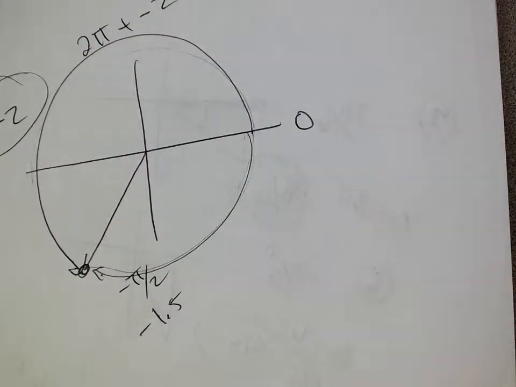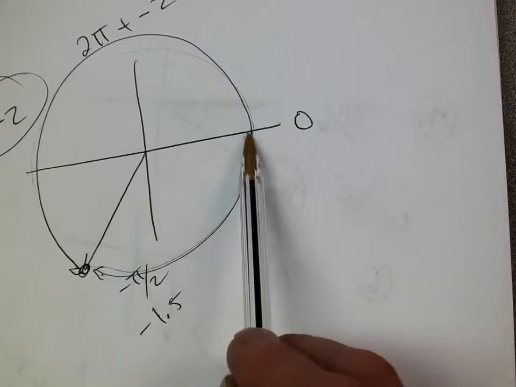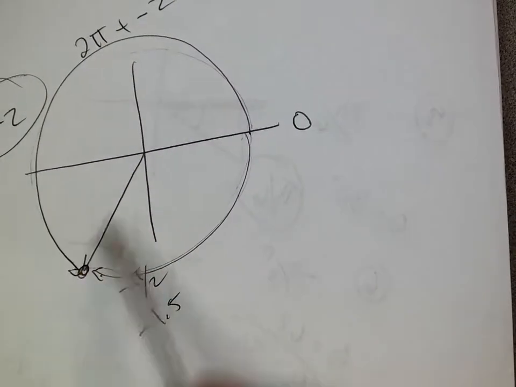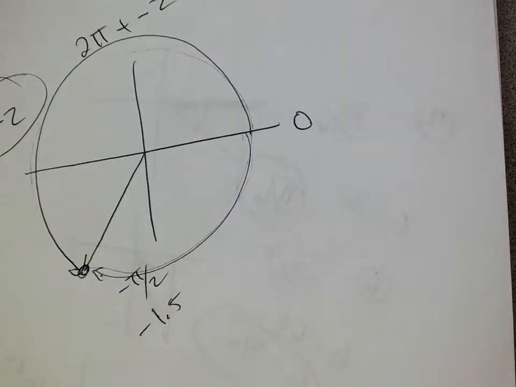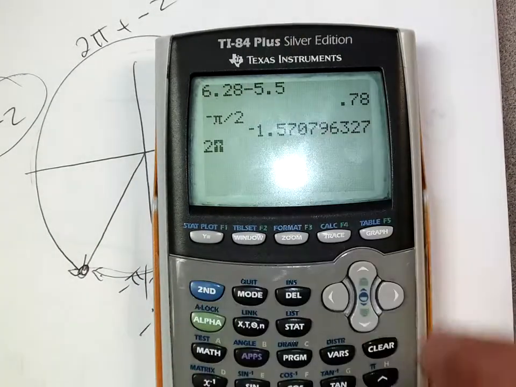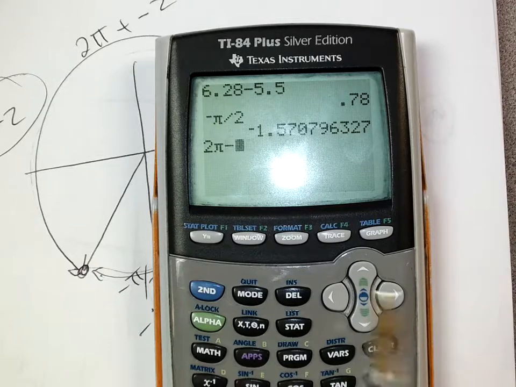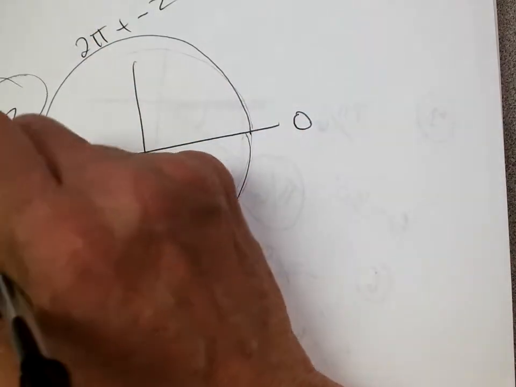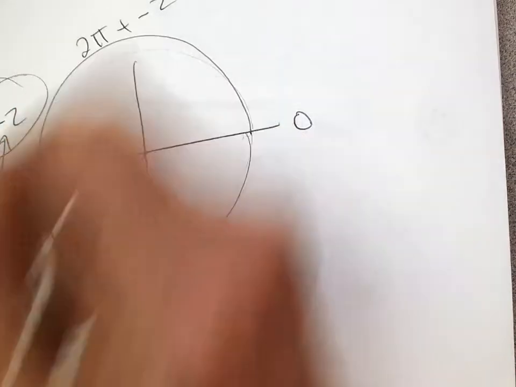You all right with that? Instead of going backwards, let's go all the way around. So 2 pi subtract 2, I get a decimal about 4.28. So really, 4.28 is about the same as negative 2.